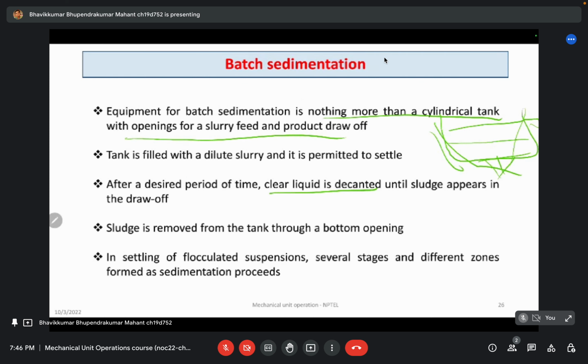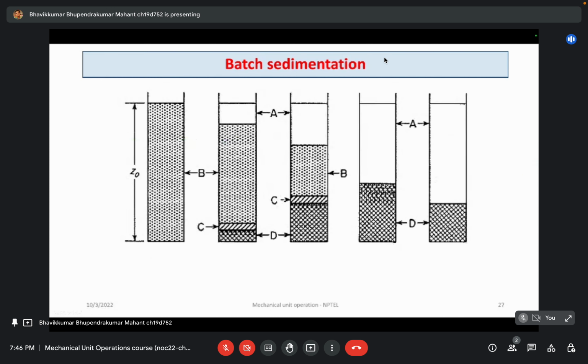In settling of a flocculated suspension, several stages and different zones form as the sedimentation process proceeds. So let's discuss.